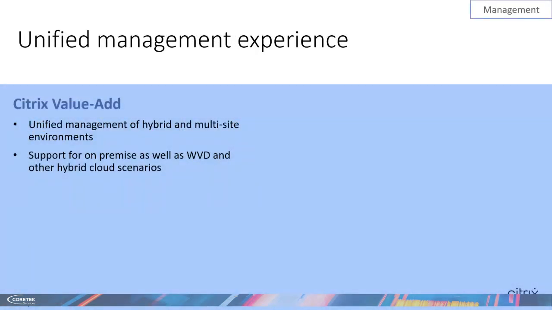So really talking about unified management. Again, we can do this not only from a WVD perspective, but we now have the ability to bring in multiple resource locations and do so with one contiguous management plane.